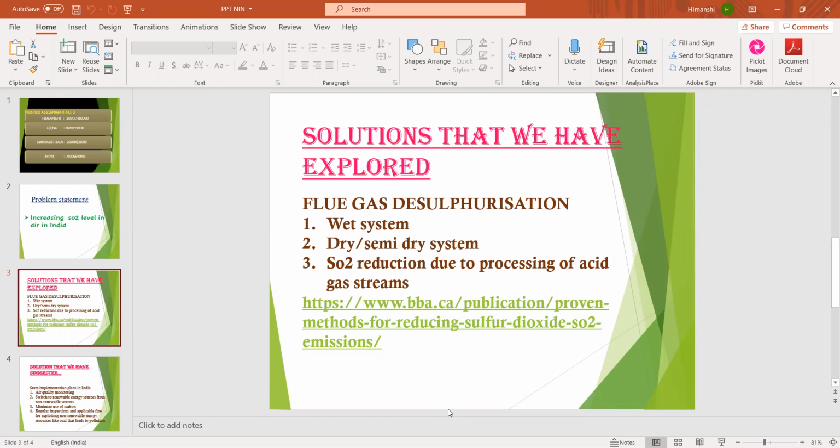Other possibilities to be considered are sulfur degassing at the sulfur pit or oxygen enrichment. These may increase processing capacity and gain some additional SO2 removal for a relatively low ratio of extra investment. Here we have also provided the link to get a better glance at the solutions that we just discussed.